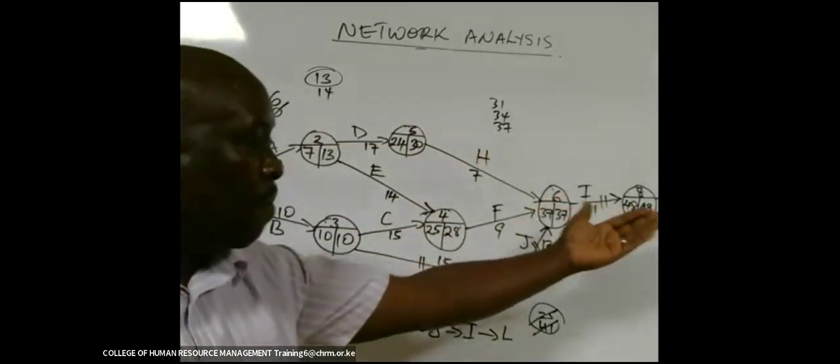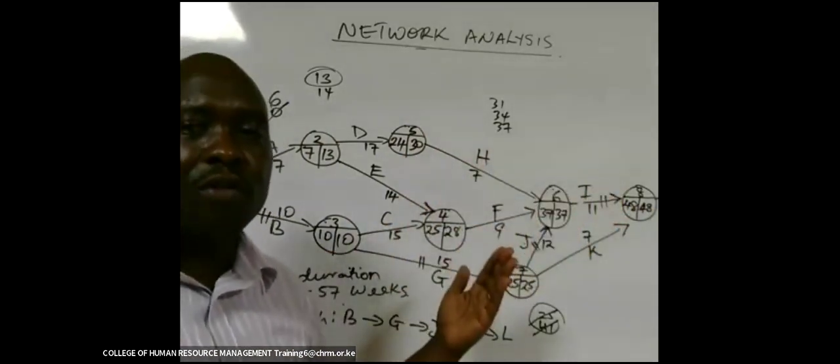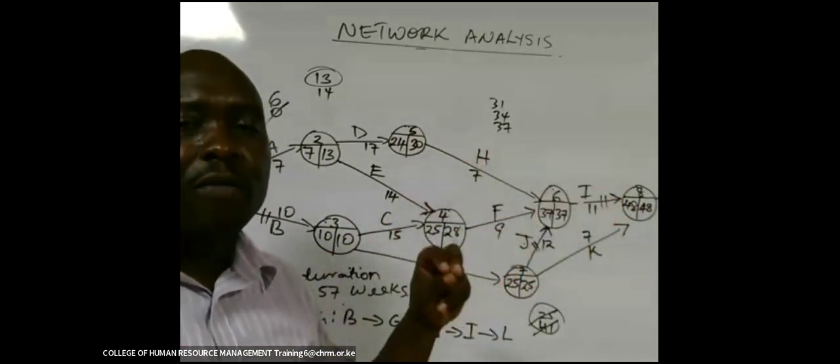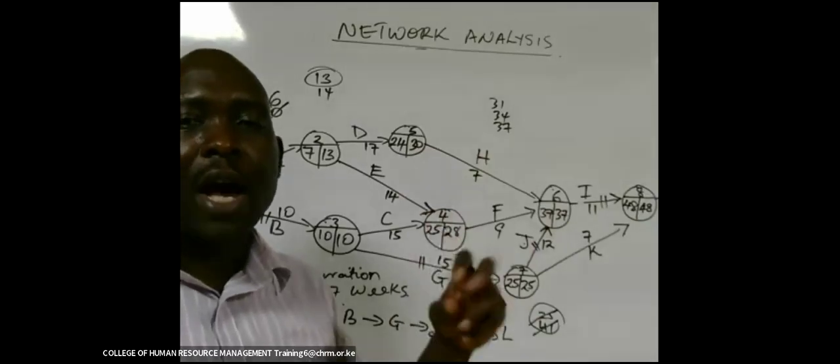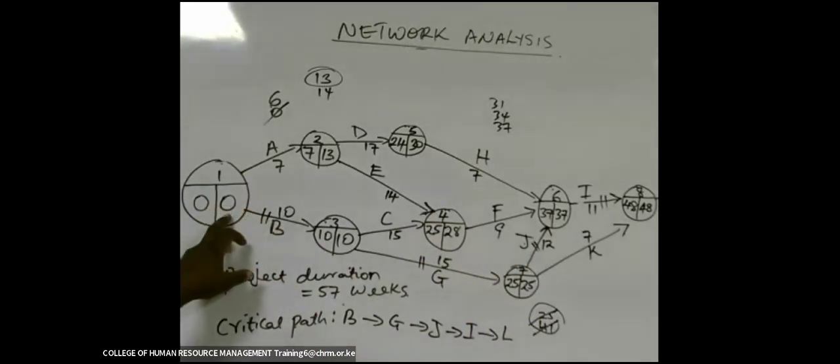When you are making a backward pass, you subtract the time estimates for each activity. Where they converge, you take the smaller time estimate until you get here. You will know that you have done a correct backward pass when you get 0, 0 here. When you arrive at 0, 0, then you have done something wonderful.